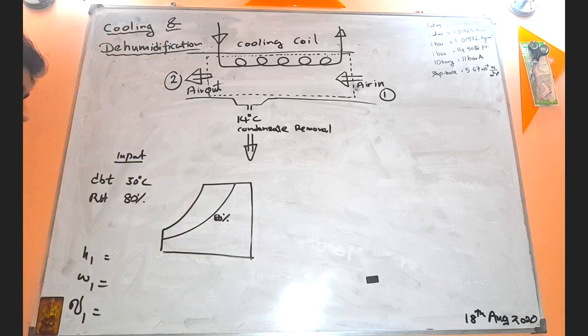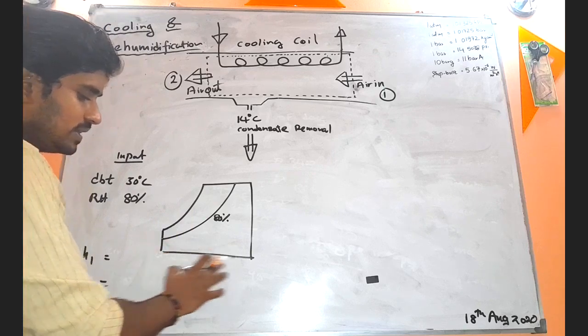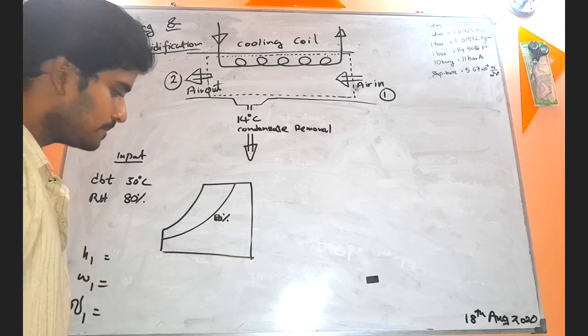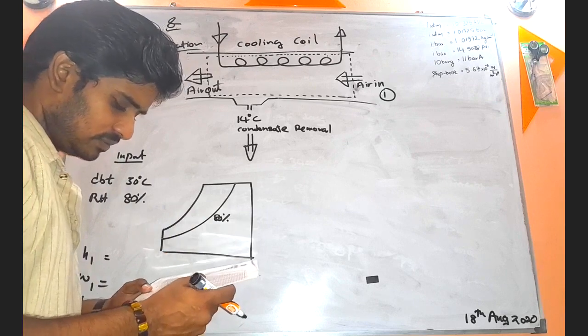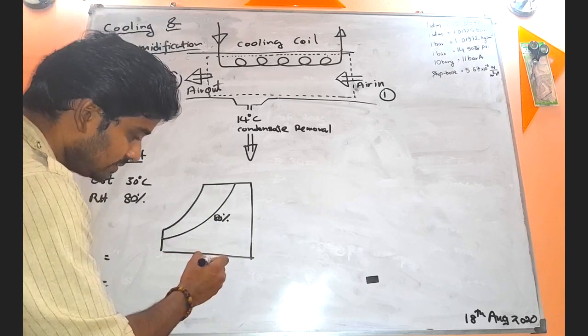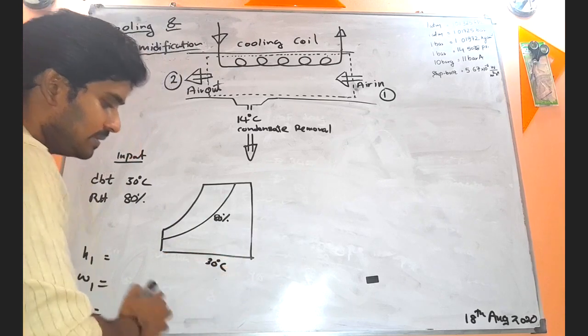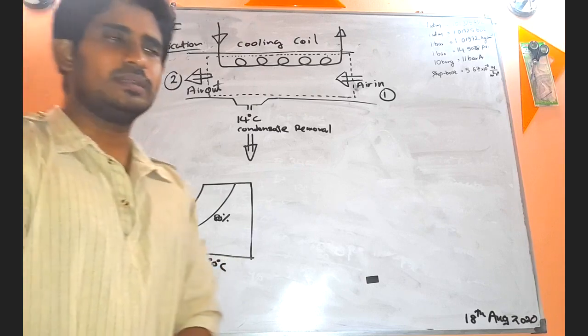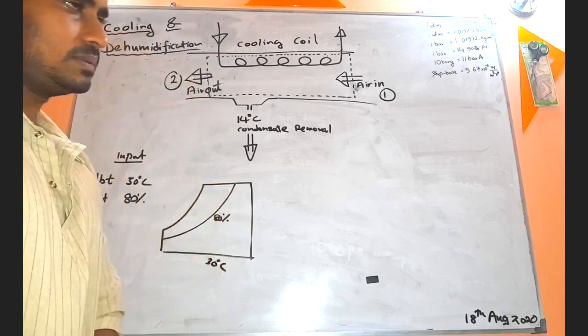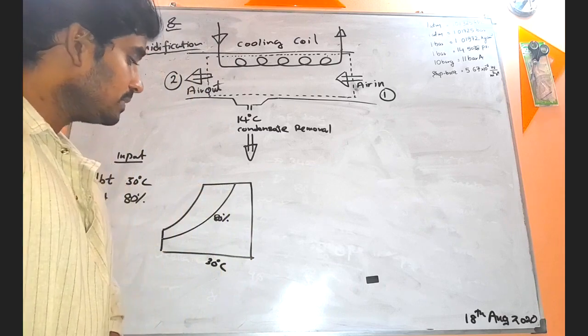So this horizontal scale is the dry bulb temperature scale. Locate where you have 30 degrees Celsius. So let's say 30 degrees Celsius dry bulb temperature is over here. I have taught you that dry bulb temperature lines go vertically.